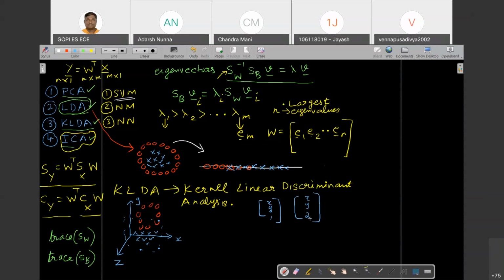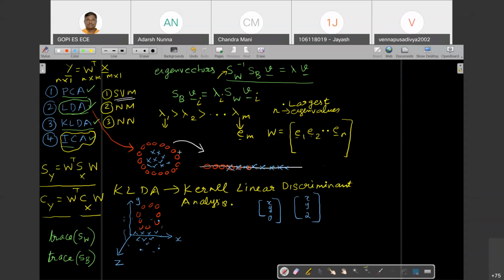I'm just saying this idea only, but we are going to do this exact work, how we are able to do this in KLDA, in the coming class. And this may be 0 also, right? So on that same plane, we can have some separation on the Z plane, so that we get a good separation between them.